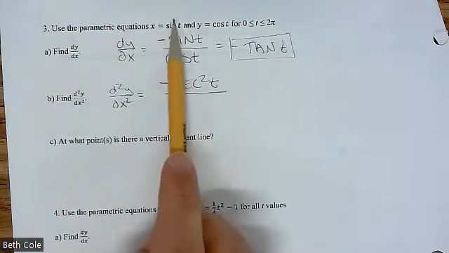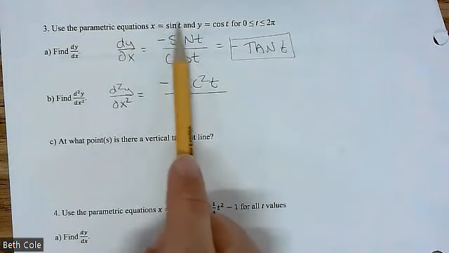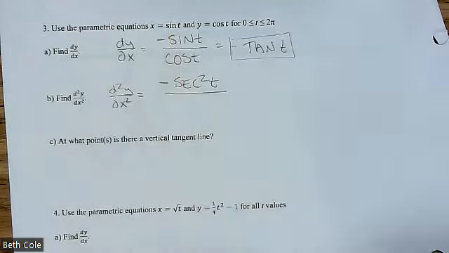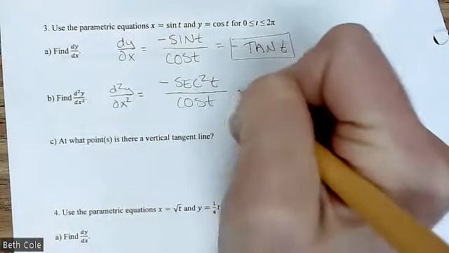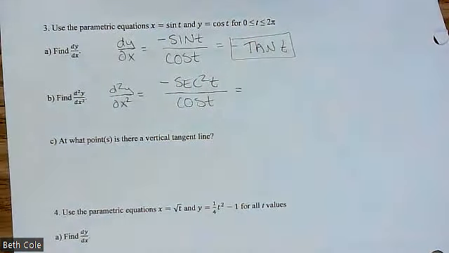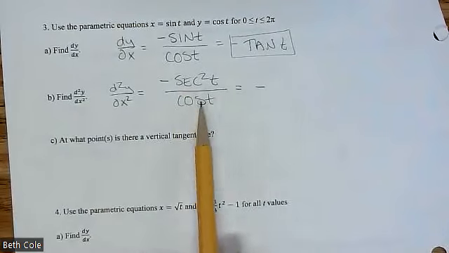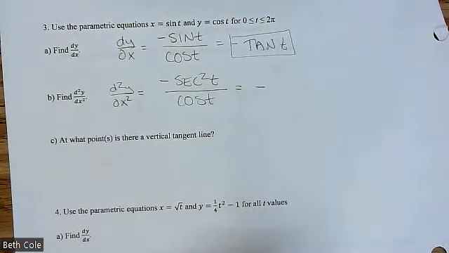So here's x. What did we say dx dt was? What was our derivative for x? Yeah, derivative of sine gives you cosine. And that can actually be simplified a little bit further as well. It'll be negative because we just have that negative out front. Cosine is the reciprocal of secant, or secant and cosine are reciprocals of each other.